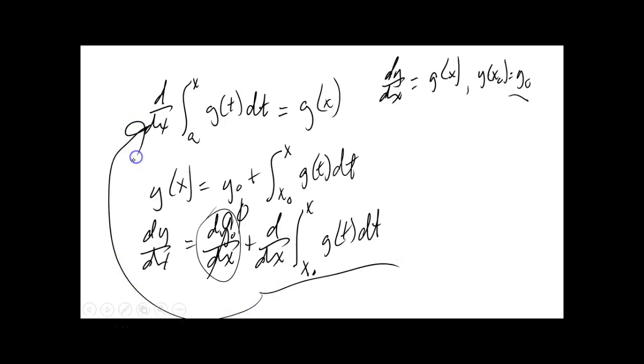Isn't that exactly what we have up here, where a is x0 in this case? That would be g of x. And guess what? You got dy/dx is equal to g of x. Now, really, the initial condition didn't come into play because the derivative of that was 0. So it looks like we ran around in a circle, and that's sort of what it feels like.